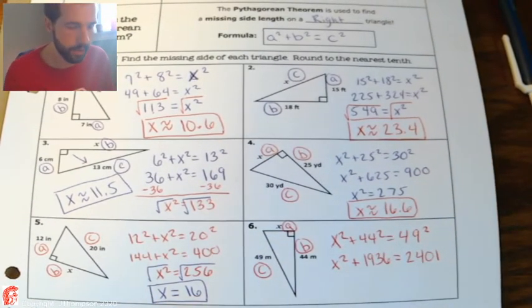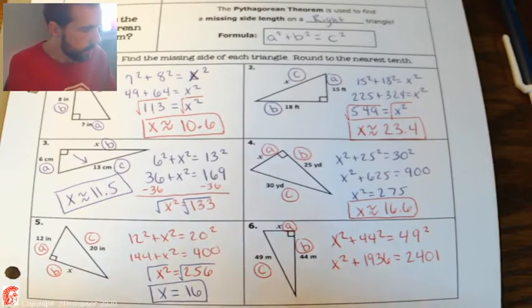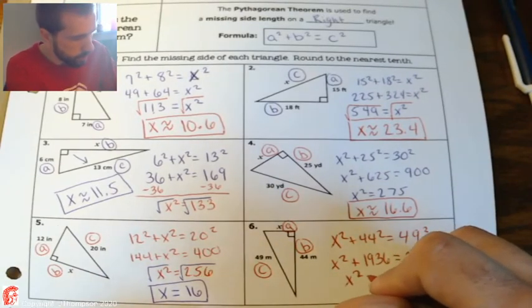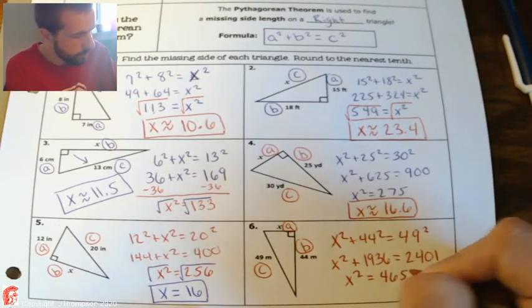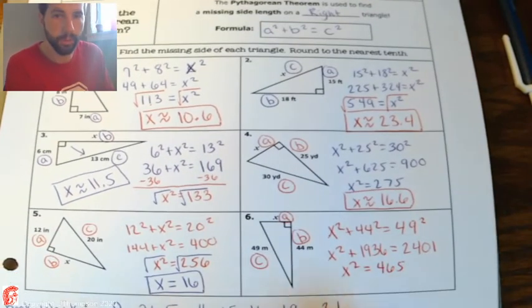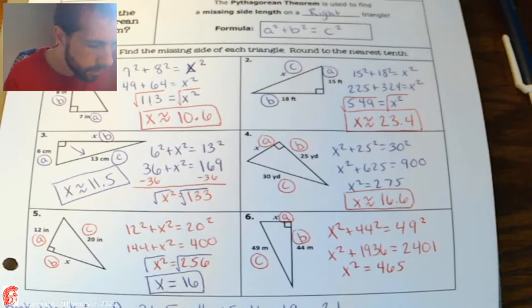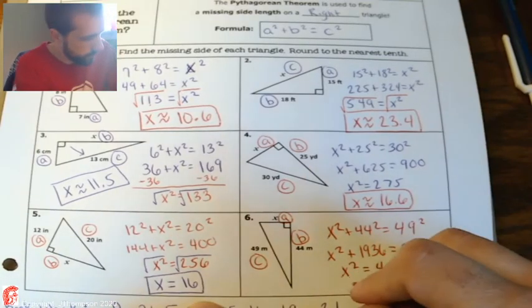Subtract the 1,936 from both sides. And we get x squared equals 465. Then do the square root of 465. I get approximately 21.6.